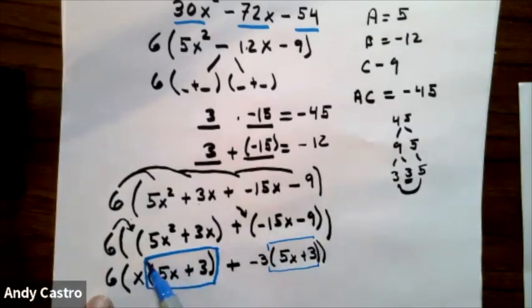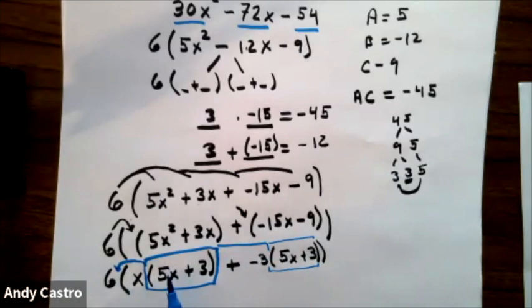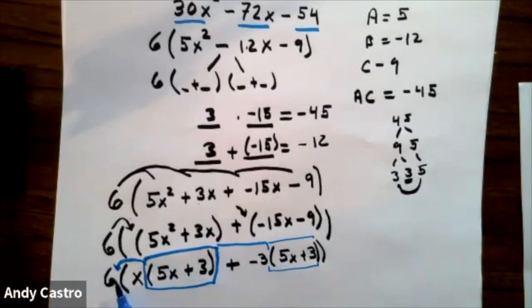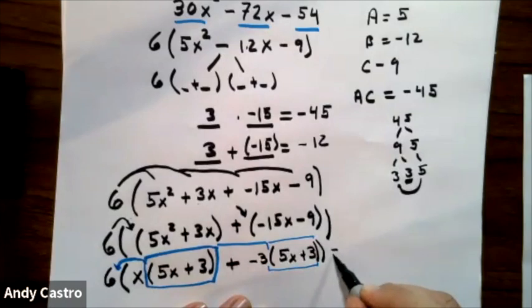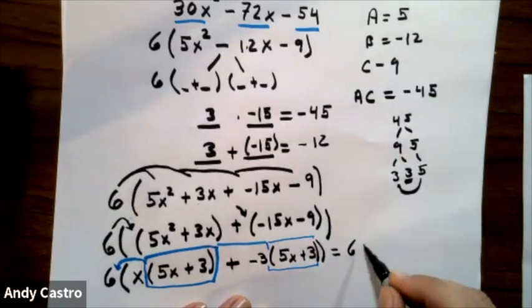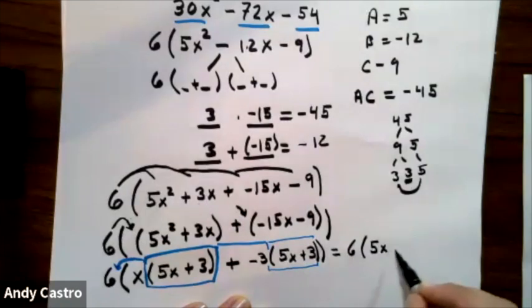They're going to come out here with this 6. And that's because if the 5x plus 3, if I take it and put it over here outside with this x, and I'll just show it to you because I think that's probably easier. I'll have 6, and then I'll have the 5x plus 3.